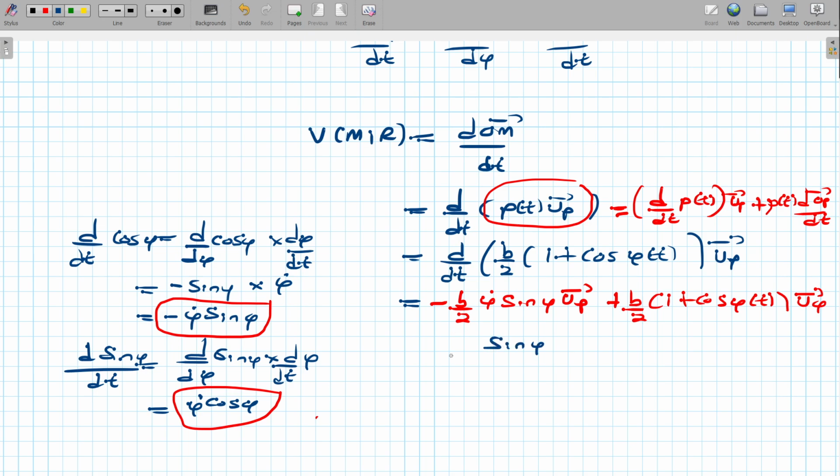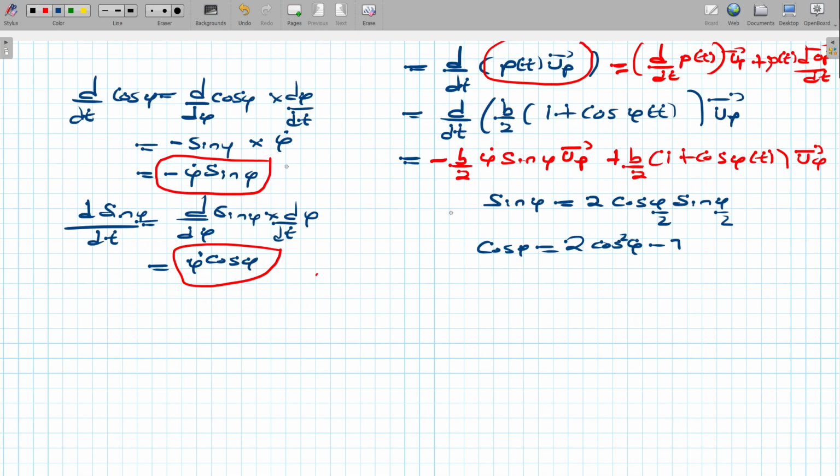Remember that sine phi is going to be equal to 2 cosine phi divided by 2 times sine phi divided by 2. Then also remember that cosine phi is equal to 2 cosine squared phi divided by 2 minus 1, like so. So remember these two identities. Let's plug these into what we have.